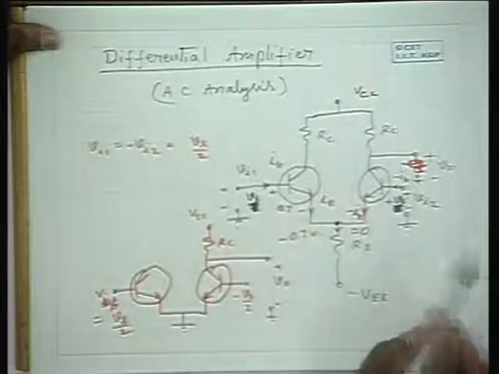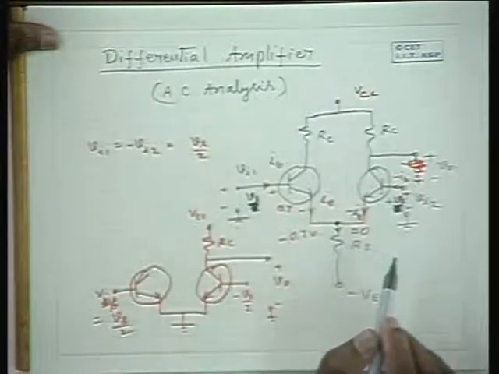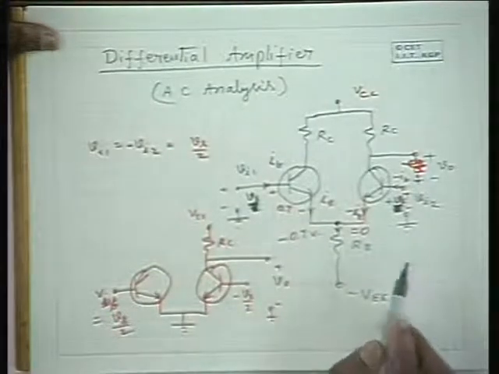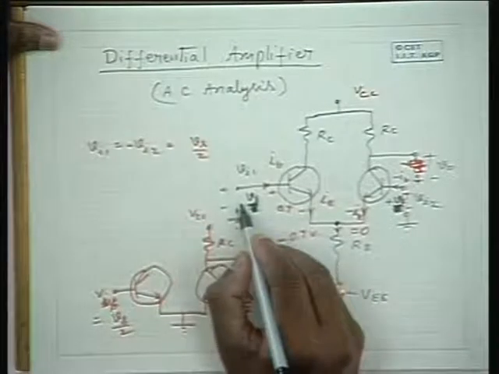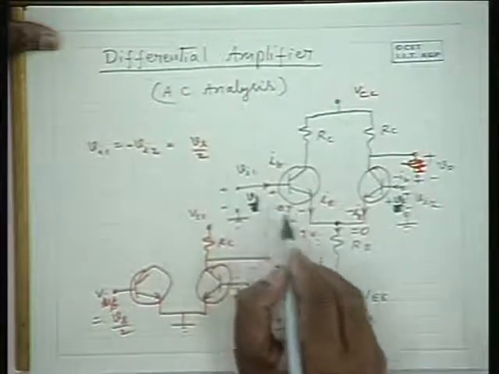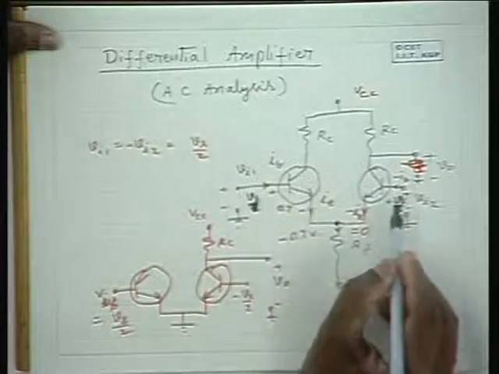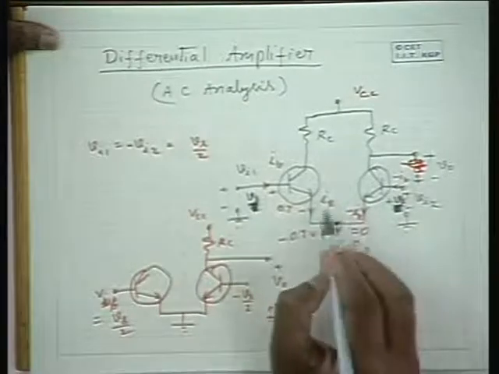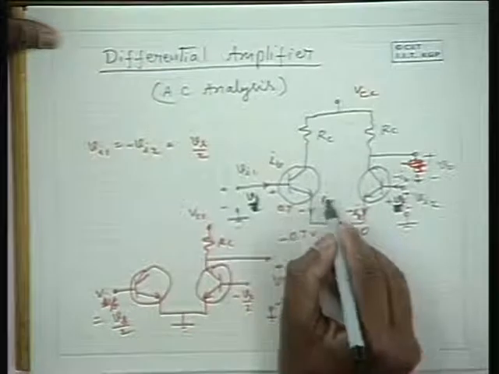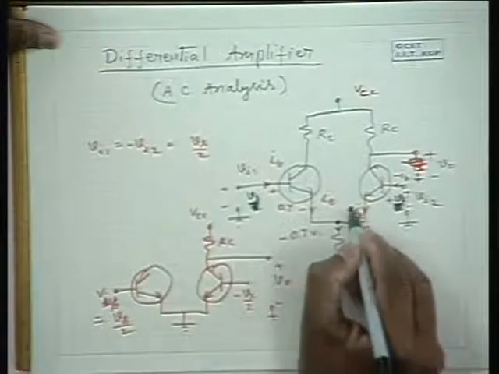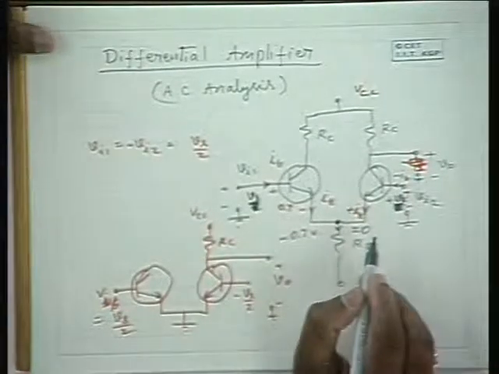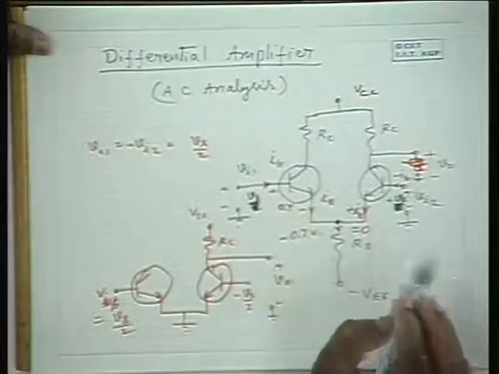So, when we apply a common mode signal here, what happens? There is an incremental base to emitter potential here and another incremental base to emitter potential here, because of which some alternating IE flows, and a similar alternating IE flows without any phase shift.